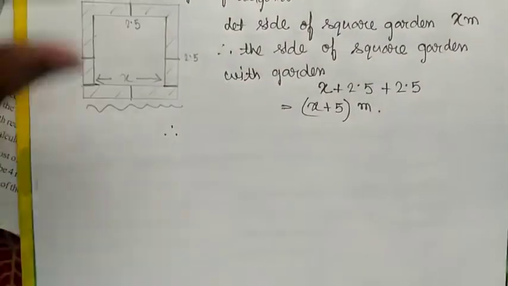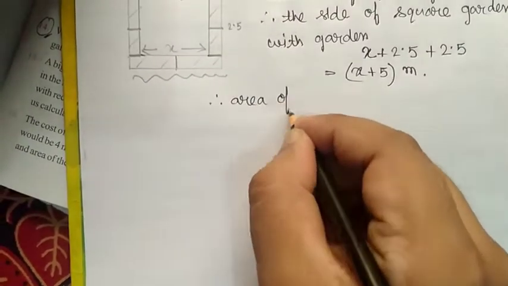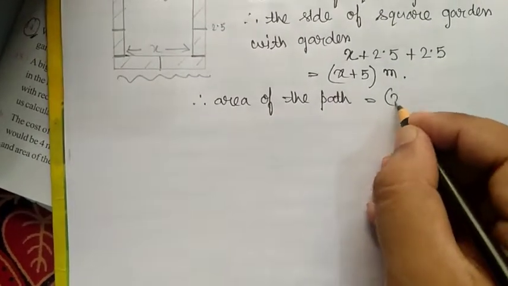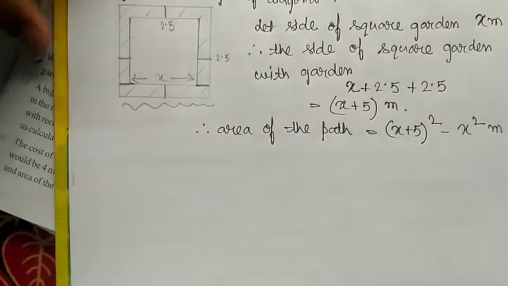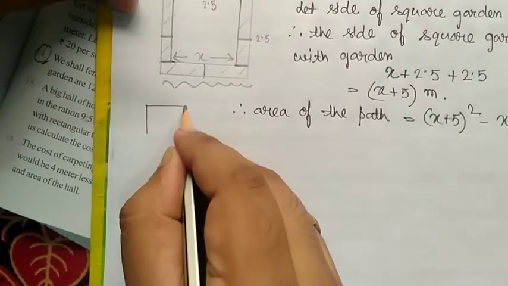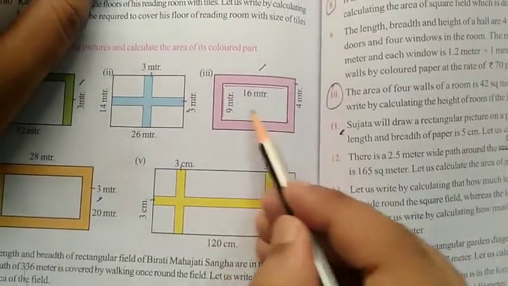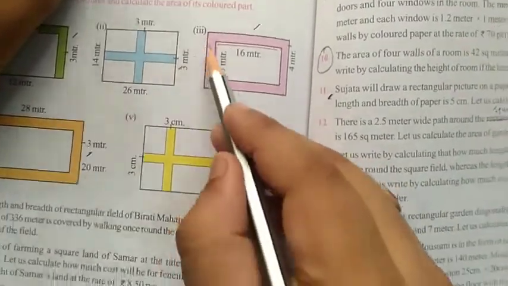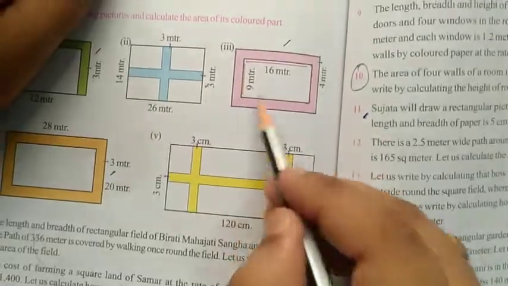So therefore, the area of the path equals... previously we know that if we draw a rectangle like this one, we first find the area of this rectangle, and after that we find the area of the smaller rectangle, and from the area of the larger rectangle we have to subtract the area of the smaller rectangle.